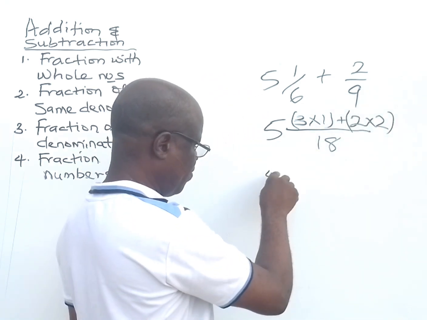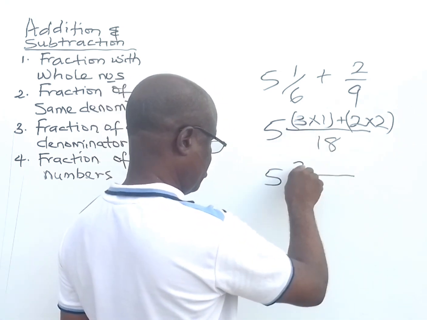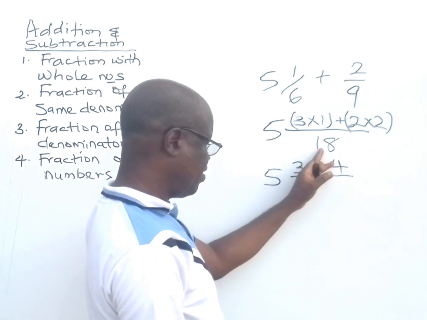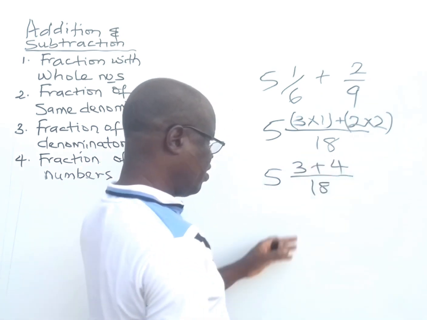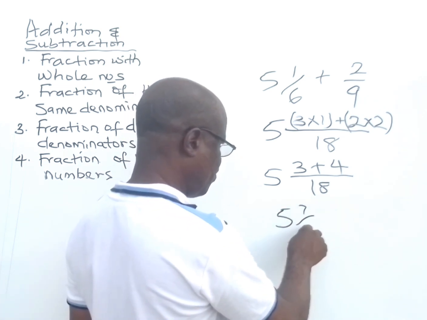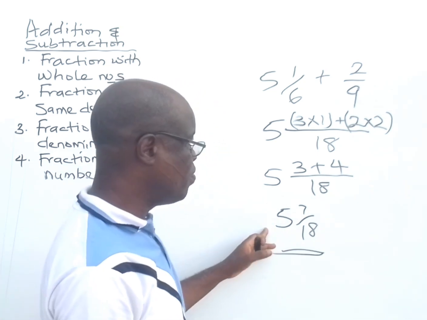So you put your 5 down. 3 times 1 is 3, 2 times 2 is 4, then 18. 3 plus 4 is 7. So you have 5 and 7 over 18. As simple as ABC.